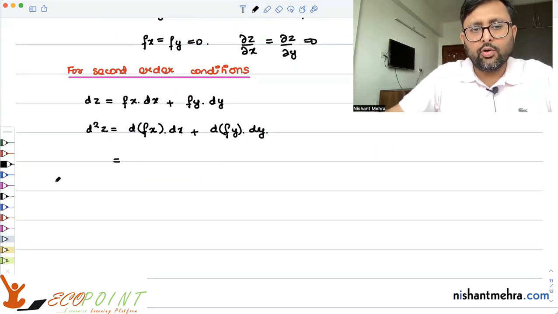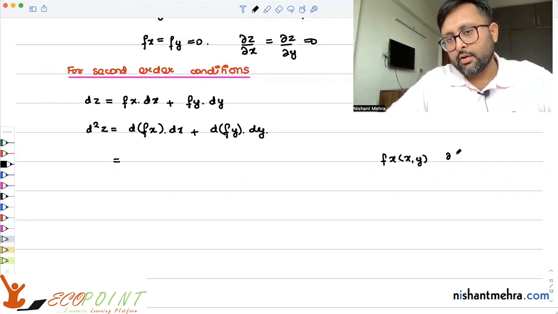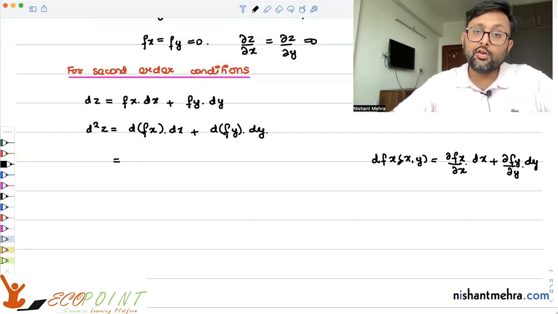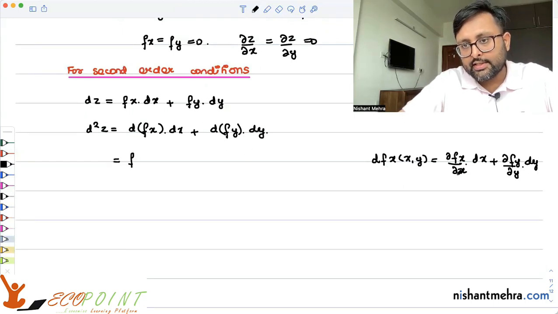The only thing is this. When you write fx as a function of x and y, then you say del fx by del x dx plus del fx by del y dy, when you try to find the differential of the partial derivative of x. So how is the partial derivative of x changing with respect to x?